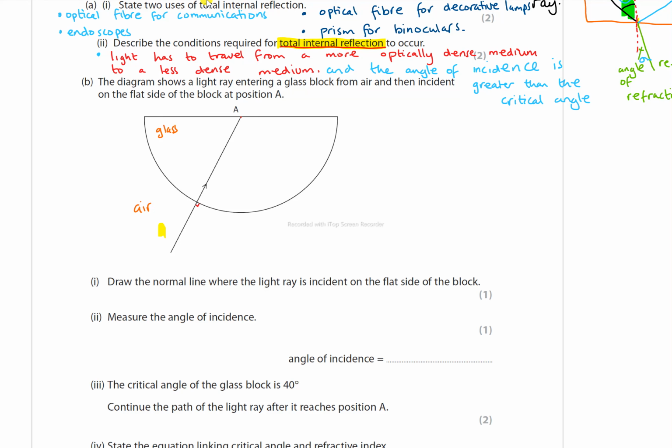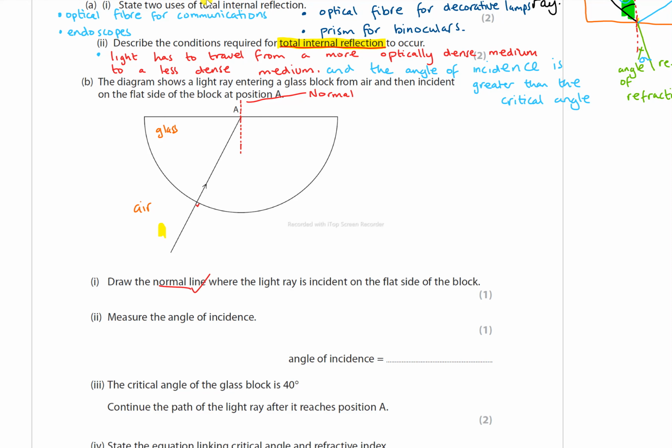It hits this. That line is called the what? Can you remember? Starts with an N. Right, and then, okay, so draw the line of the normal.